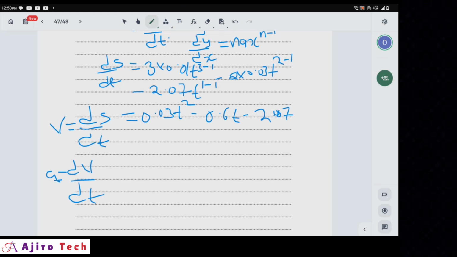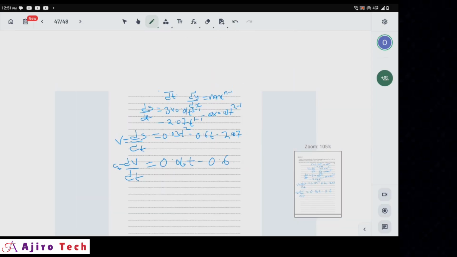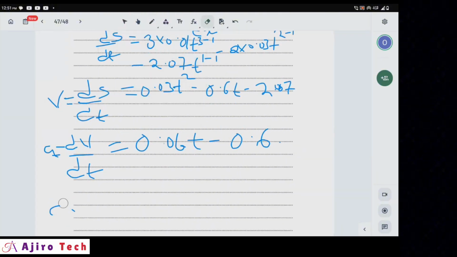So we have that dv over dt will be equal to 0.06t minus 0.6. At the minimum point, my acceleration will be equal to zero.